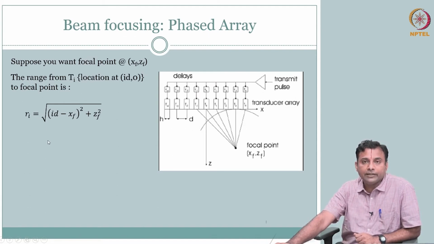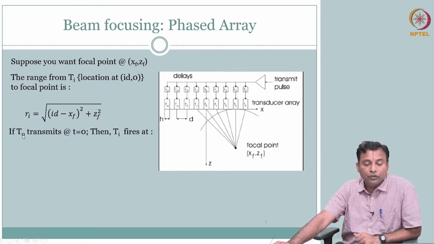However, what are we interested in? We are interested in time delay between T1 and T2, T2 and T3 and so on and so forth, right. When should you excite each of the crystals? So that means path length is one criterion. So if you assume T naught transmits at t equal to 0, then Ti should fire. When should it fire?